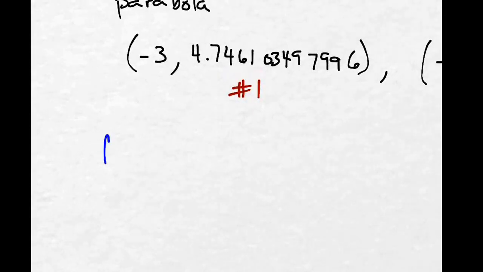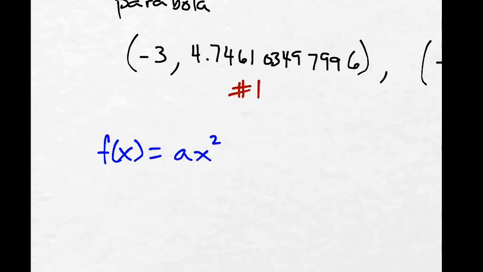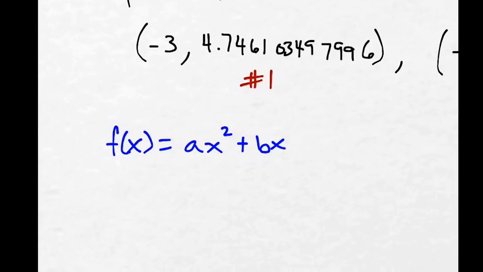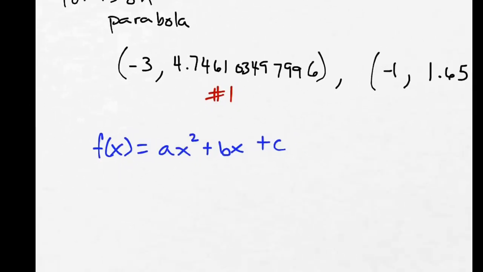So, the first thing that I'm trying to do is to get an equation for my parabola, right? We talked about this a little bit yesterday. I know that parabolas are quadratic equations, and they have the standard form f of x equals ax squared plus bx plus c.